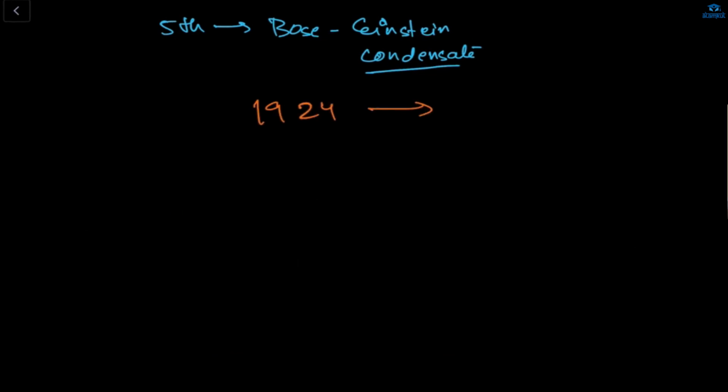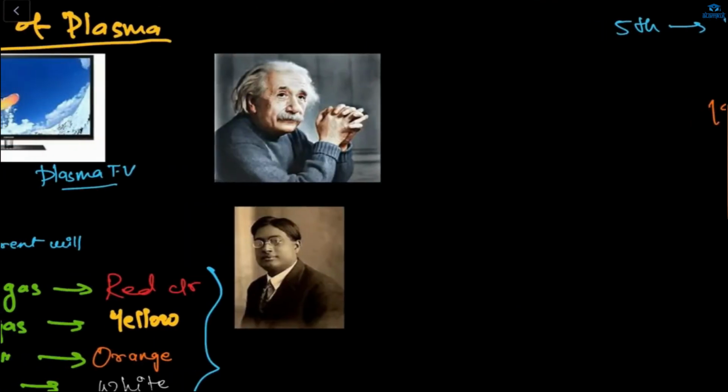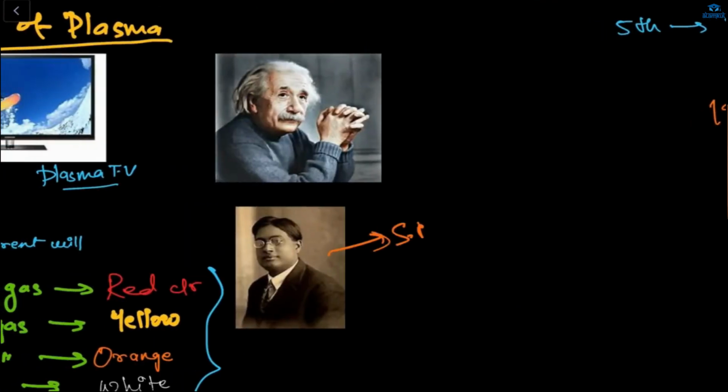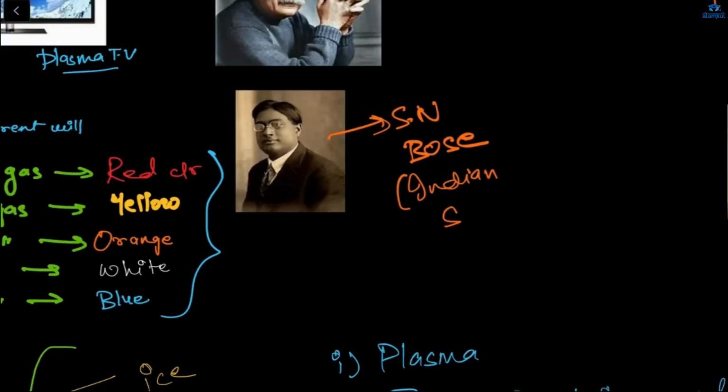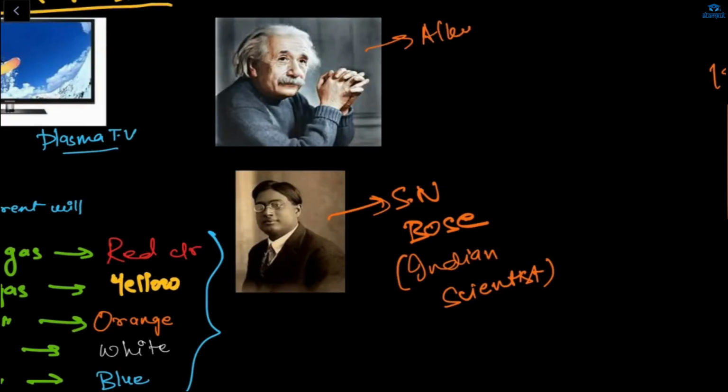Okay, so in 1924, an Indian scientist, S.N. Bose, wrote a letter to Albert Einstein. We all know Einstein.